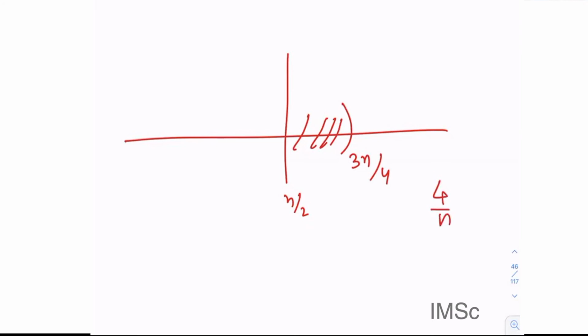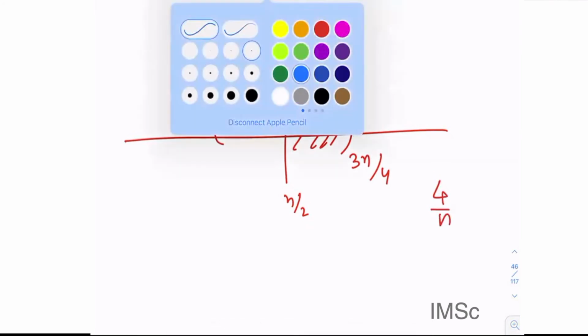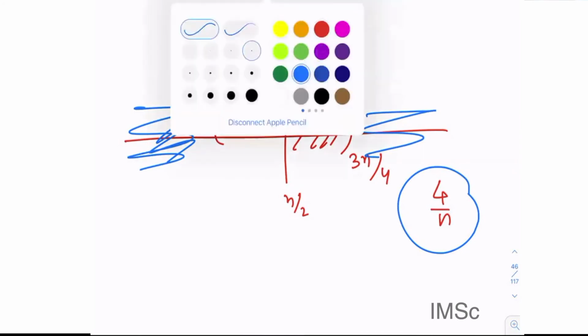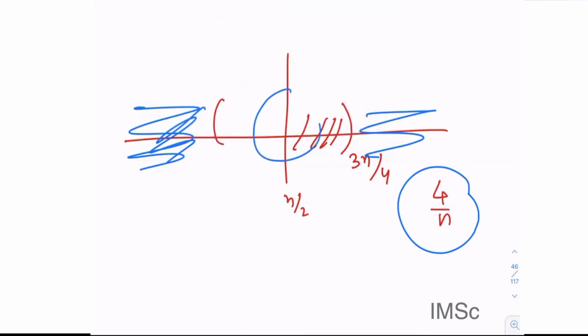In fact, what we proved is that the probability that your number of balls is more than 3n over 4 or less than n over 4 is at most 4 over n, because it was mod. So this is what we managed to show. What does this tell us? That as n tends to infinity, this probability is going to be 0, and my number of green balls is going to be concentrated near my mean.